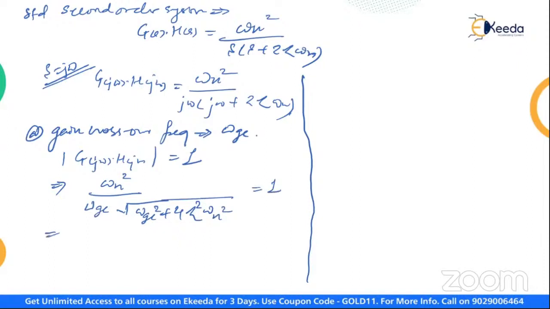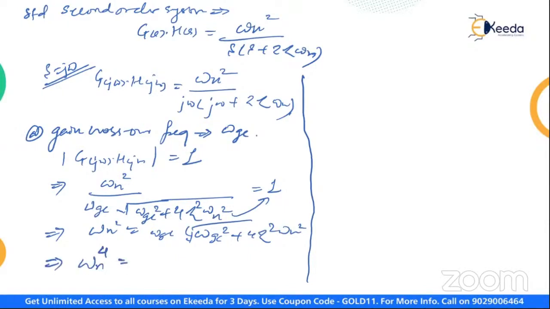Now see, omega n squared, if I keep it here, let us take this whole denominator on the other side. What will happen? You get omega GC into under root of omega GC the whole squared plus 4 zeta squared omega n squared. Let me take squaring on both sides.